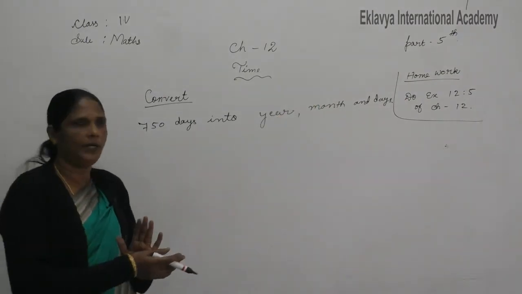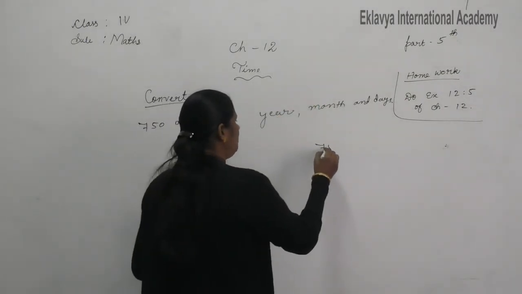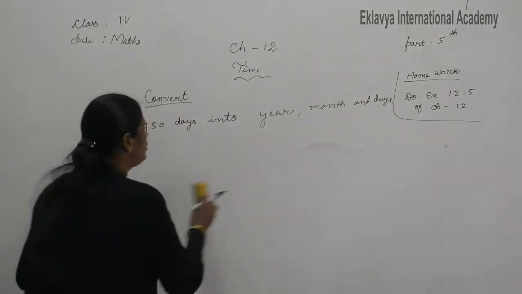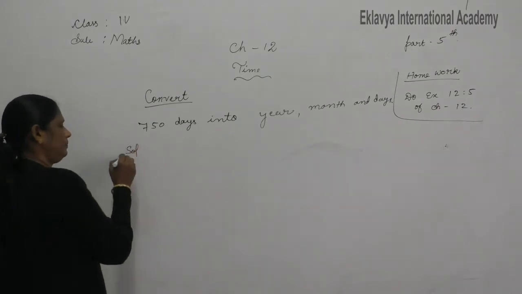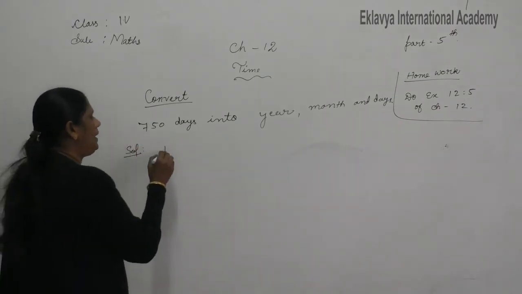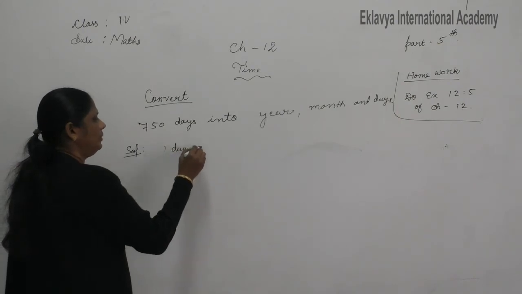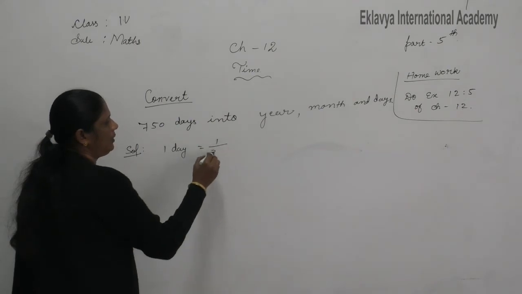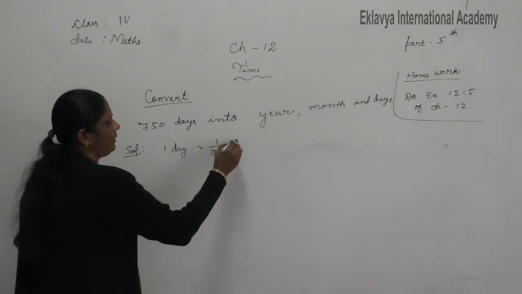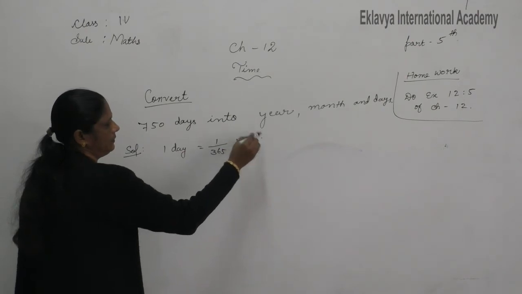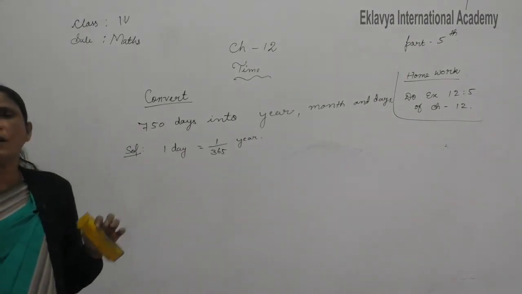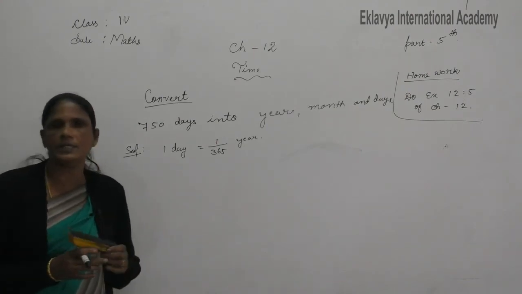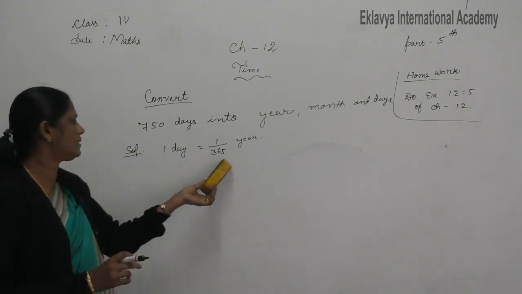First we divide. First you write the solution. 1 day is equal to 1 upon 365 year. How many days are in 1 year? 365. In ordinary ways, we take 365.